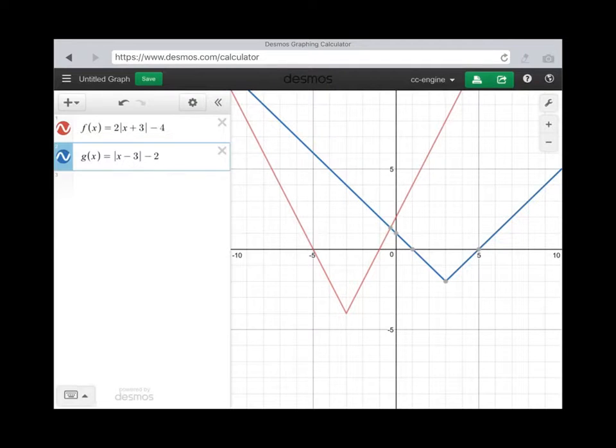So I'm going to change this blue equation to put the vertex over here. Okay, so you can see that the blue line has moved, because I wanted it to be in this new location. And so I changed the equation. Remember, it used to be the absolute value of x plus 3, minus 4.